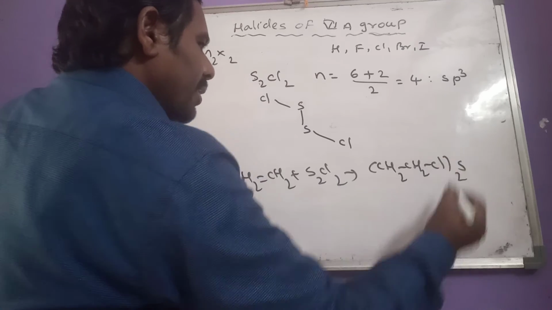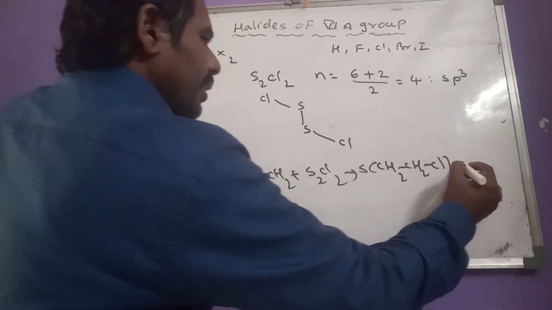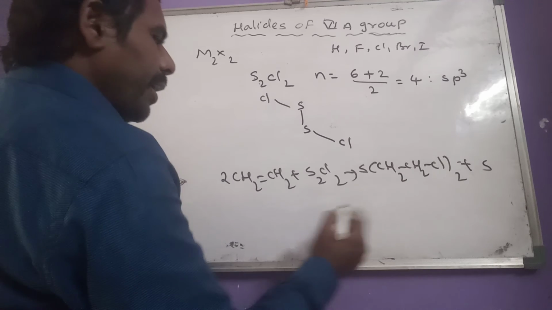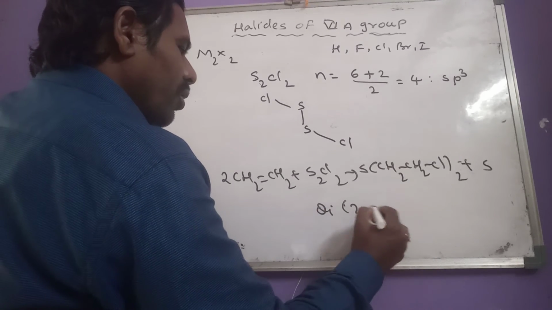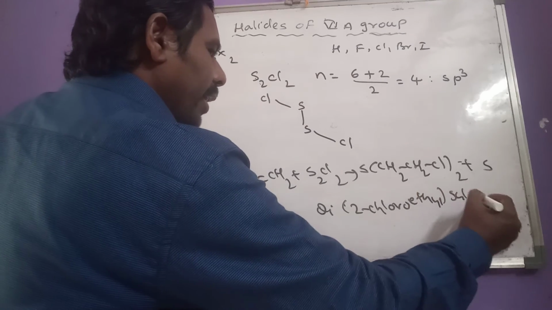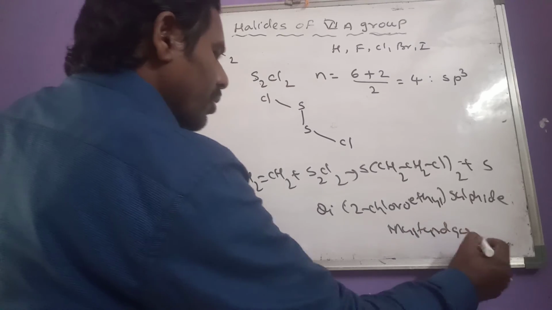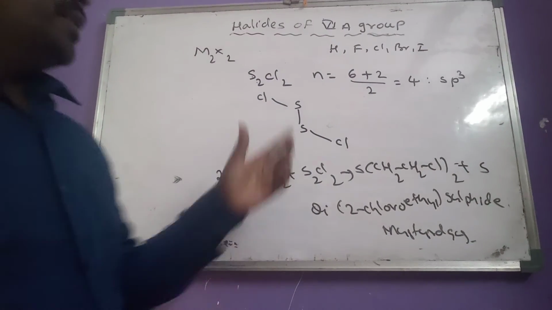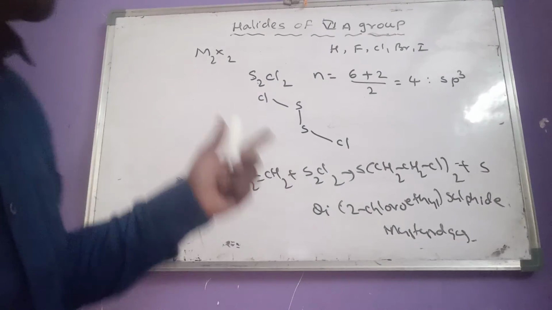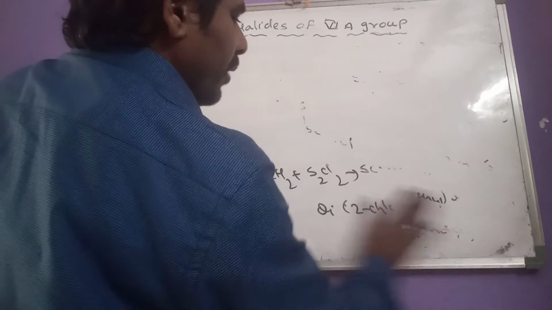(CH2CH2Cl)2S, plus S. Its IUPAC name is di-2-chloroethyl sulfide, and this is also known as mustard gas, used as a war gas. So these are the important points regarding halides of 6th A group elements.